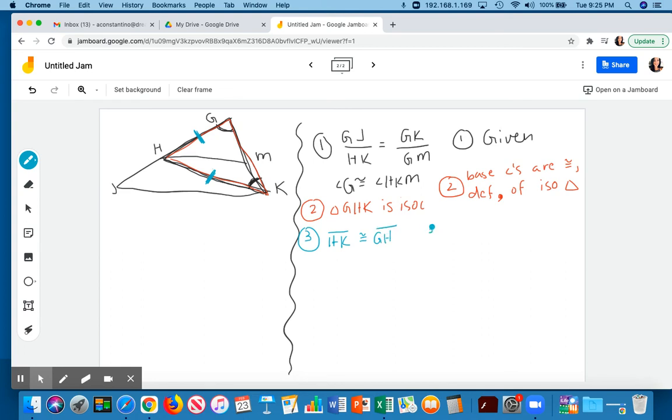And again, it's really just kind of like definition of isosceles. But I would also say legs of isosceles triangle are congruent. And then again, definition of isosceles.